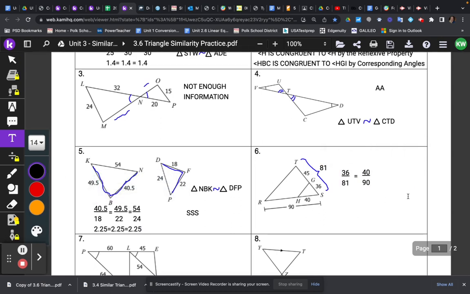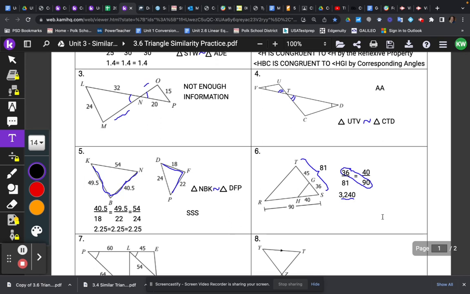I can then cross multiply to get the same product or simply reduce each fraction. Grab your calculator. We need to see if these sides are proportional. When I multiplied 36 times 90, I got 3,240.